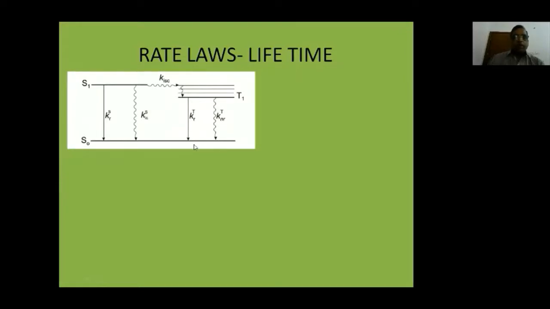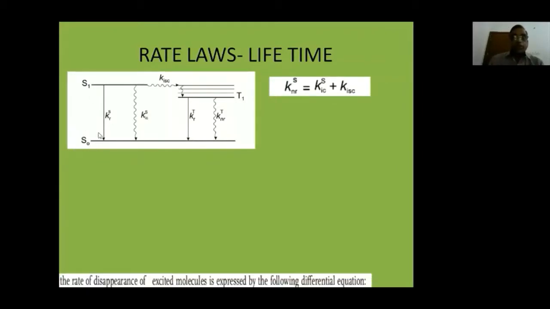You have a non-radiative one. Now, if you have the 5 rate constants given here, try to look at what exactly happens to the lifetime. If you look at the total non-radiative deactivation from the singlet state, internal conversion and intersystem crossing, these two are non-radiative deactivation. You have a radiative deactivation happening from the singlet state.